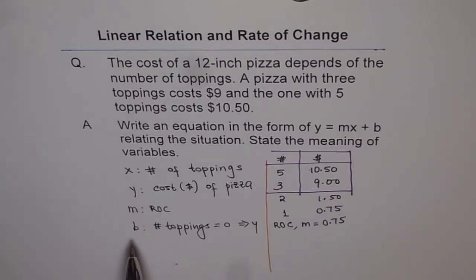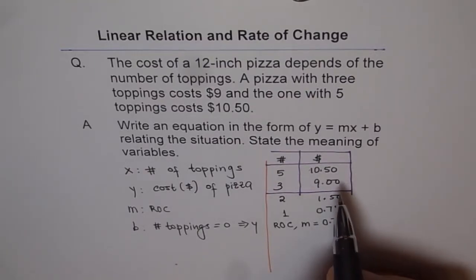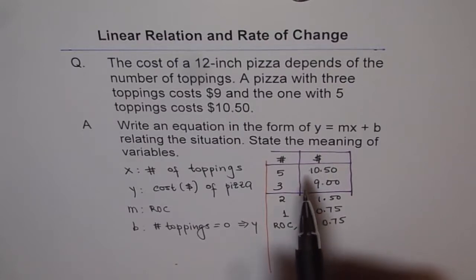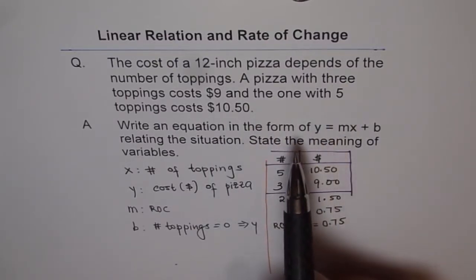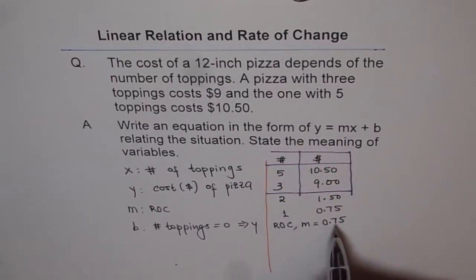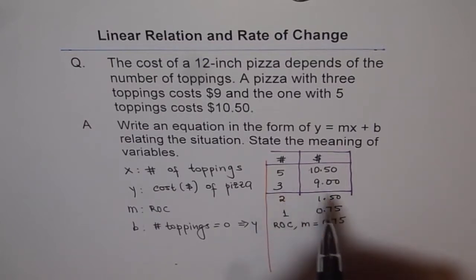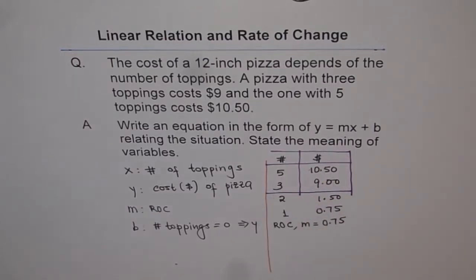So we got m, right? Now how do we get b, the cost without any topping? We know the cost with 3 or 5 toppings, right? So every topping is costing us 75 cents, and the cost is given to us for 3 or 5 toppings.